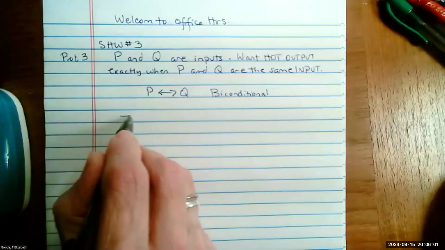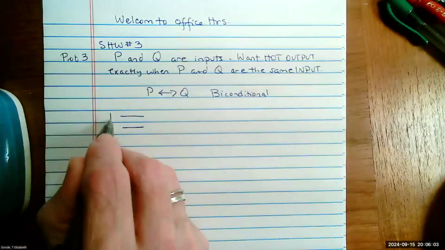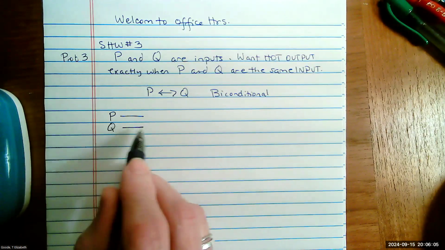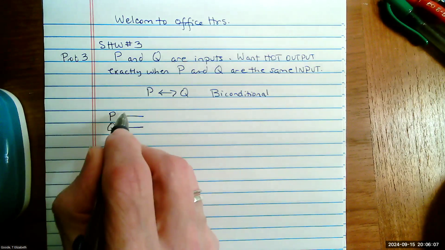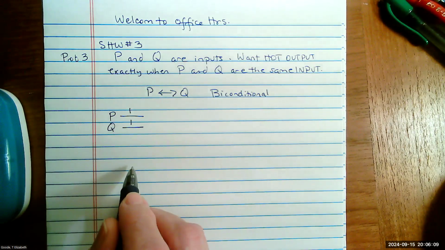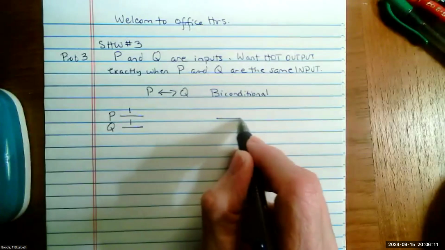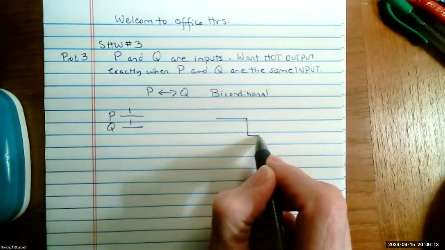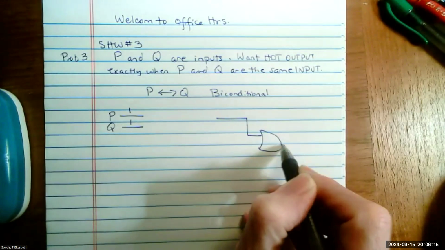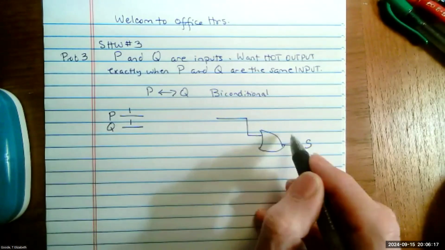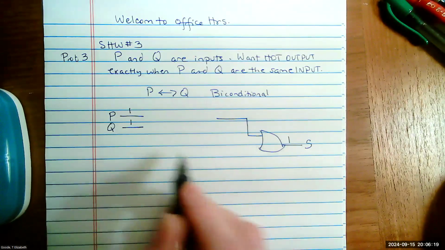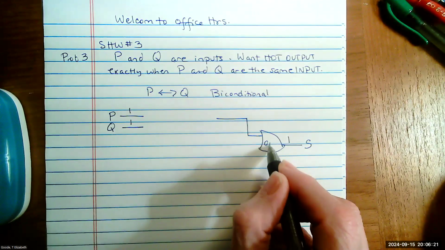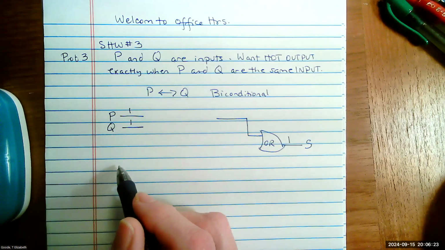So that means if P and Q are both true, if they're both hot, like if they're both a 1, we want to get a hot output. Or if P and Q are both cold, we want to get a hot output.